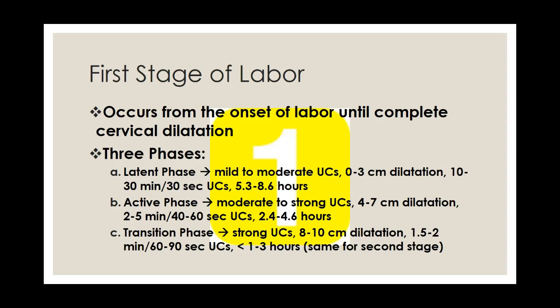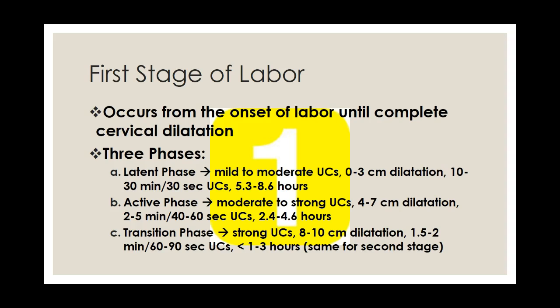At this point, her cervix is 8 to 10 centimeters dilated, so if she's at that 8-centimeter stage, she probably has a lot of pressure, and she wants to push so bad because that's what her body feels like it needs to do. And we, as the labor nurses, are telling her, don't push, breathe through it.